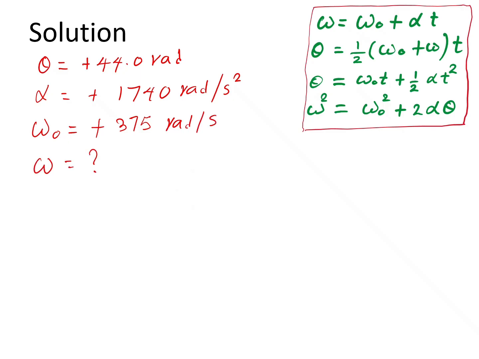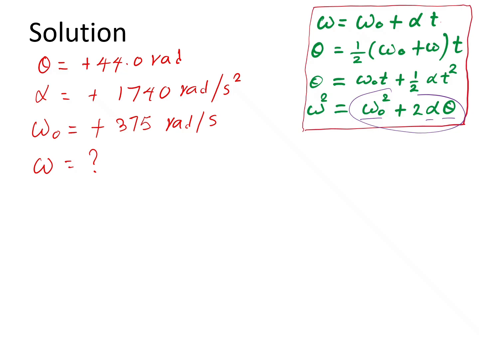Now we have to pick the equation that we can use to solve the problem. So since time is not given, we can't use the first equation, second equation, or third equation. So let's look at the last equation in our list. We know the initial angular velocity, we know the acceleration, we know the angular displacement, so we know everything in this equation to find the angular velocity.